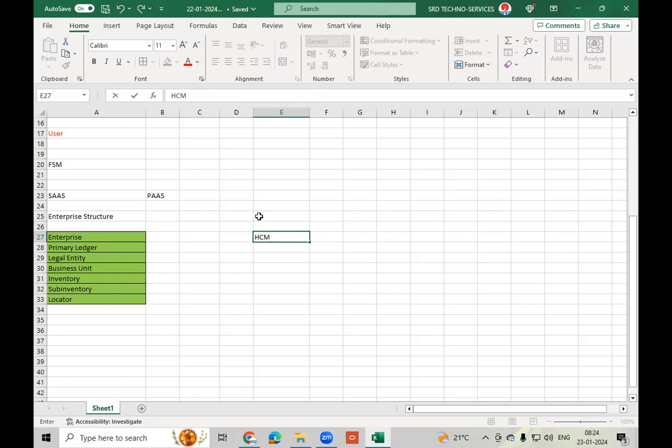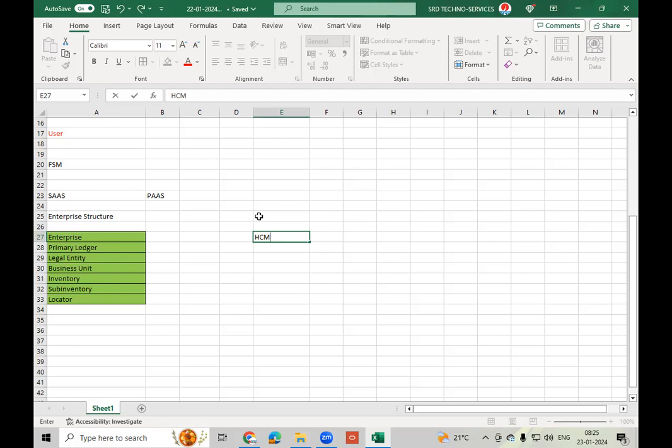Location is where your organization is located, where your entity is located, where I'll maintain the address details. That is called location, right? Location is also a table, the backend table name is HR locations. That means it belongs to HCM. But if HCM module is not implemented, yes, I can define that location in other modules also.